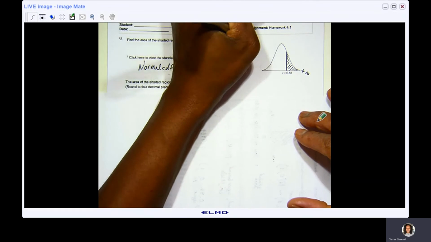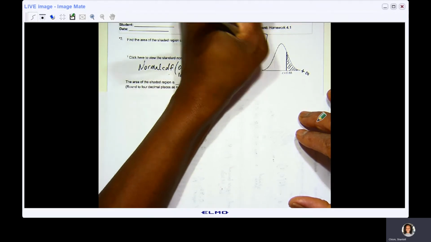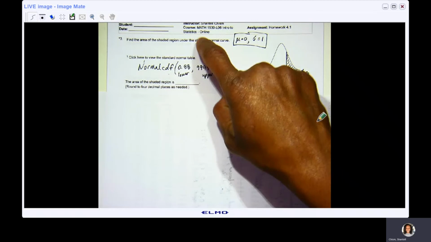Okay. And then we're talking about z-scores. So standard normal. So my mean is 0. My deviation is 1. Let me make sure I'm making this clear: these values are always true when you're dealing with the standard normal curve.